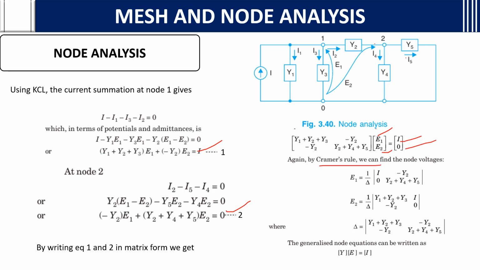By using Cramer's rule, as in mesh analysis where I1 equals delta 1 by delta, here E1 equals delta 1 by delta. The formula is the same, but here we are finding E1. That's it.